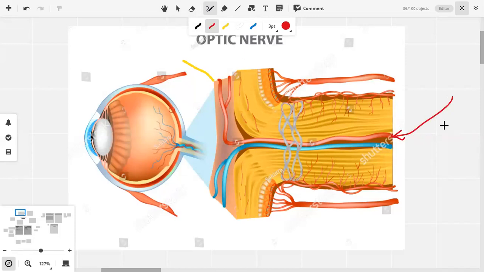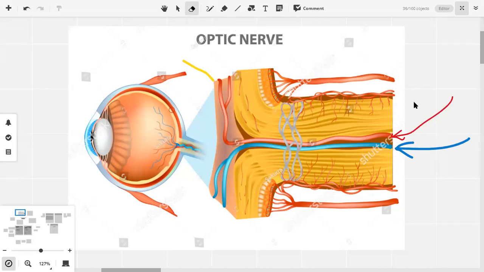Which artery is getting occluded? Central retinal. Central retinal artery occlusion, right? It's very simple. Similarly, if this thing over here is occluded, this is the central vein of the retina. This will manifest as a central retinal vein occlusion.